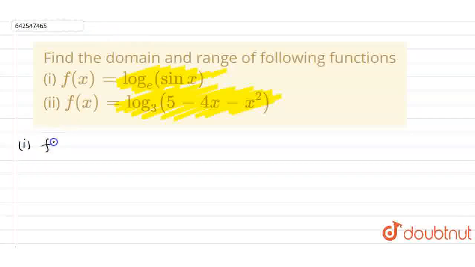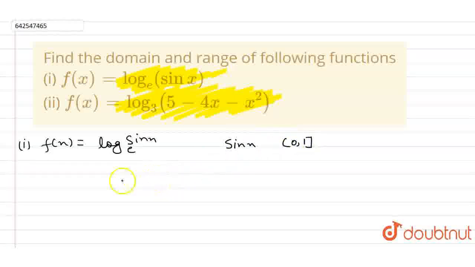Here I write the first function, that is f(x) equals log of sin x to the base e. So I can write here the range of sin x for this function. The range of sin x is 0 to 1.